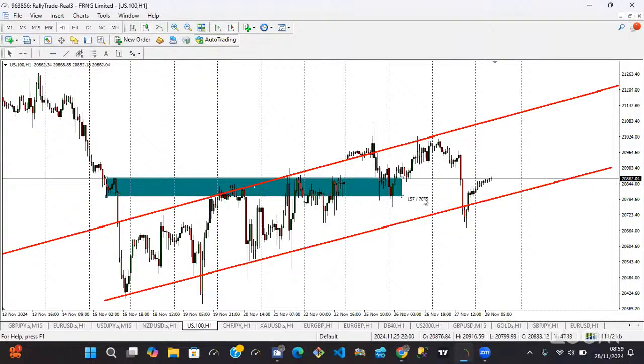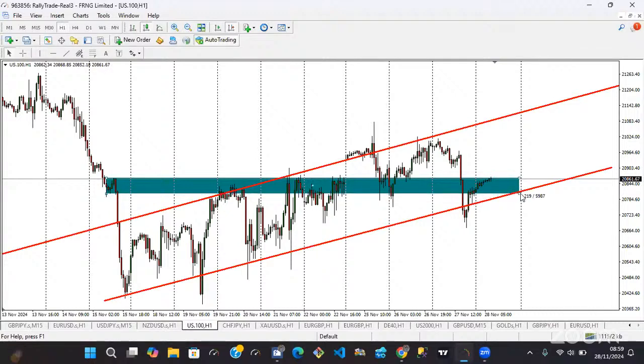Now, if we continue extending this level right here, it can become what we call a flip zone. That means if price breaks our supply, notice that when it gapped to the upside, it came down here and took this as our support level. So it's now a flip zone. Our supply is now trying to do the job of demand, but not really demand. It's becoming like a flip zone, right?